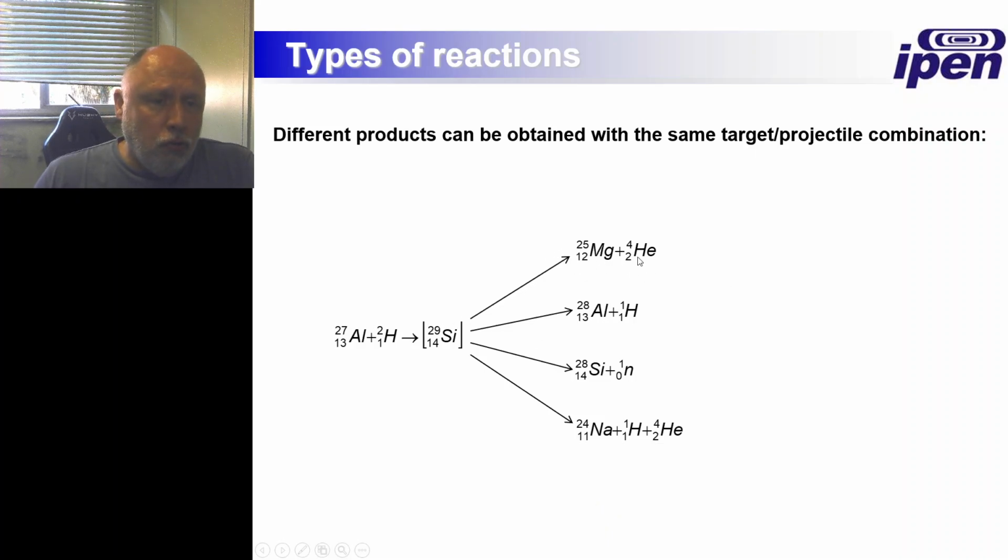Remember, each pathway here has its own Q, because the products are different, so the Q is different. Some of them will be exothermal, some of them will be endothermal, some of them will require more energy, some of them will require less energy, but all of them are possible, right?